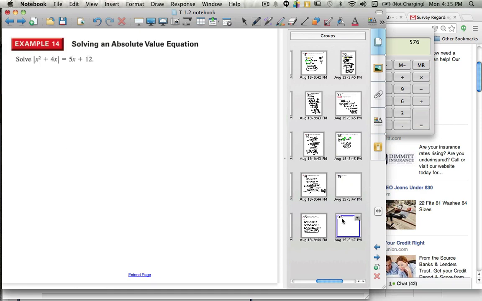If I want to work on an absolute value equation, they're a little wacky because what I know is that this item in here can equal 5x plus 12. And I also know that the opposite of it could equal 5x plus 12. Because the absolute value sort of creates opposites.